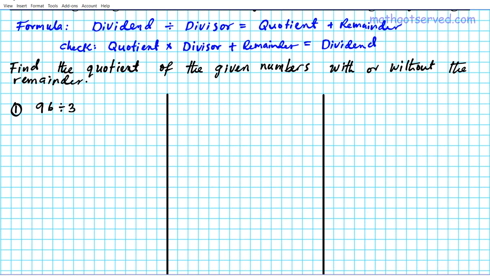To get us started, we're going to go ahead and write down the multiples of 3, your 3 times table, the results from 1 all the way to 10. So it's 3, 6, 9, 12, 15, 18, 21, 24, 27, 30.